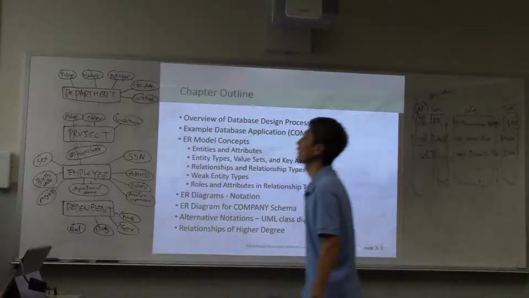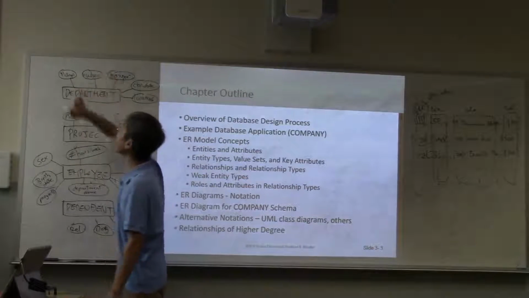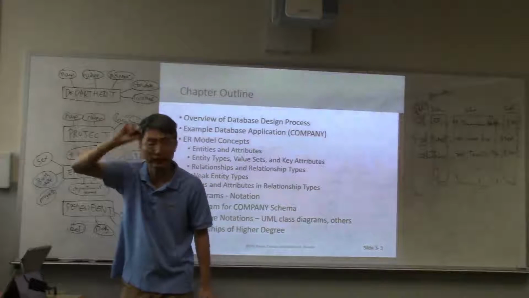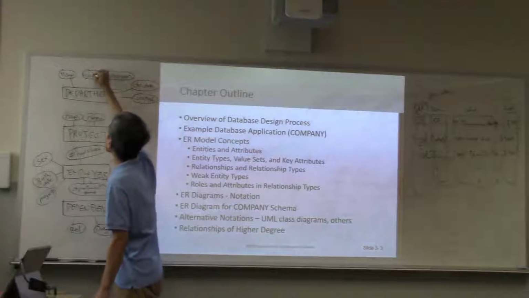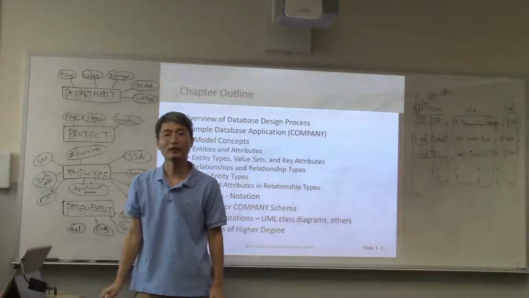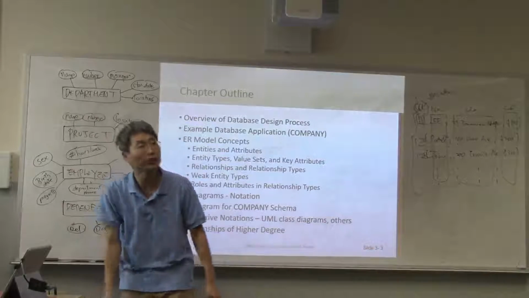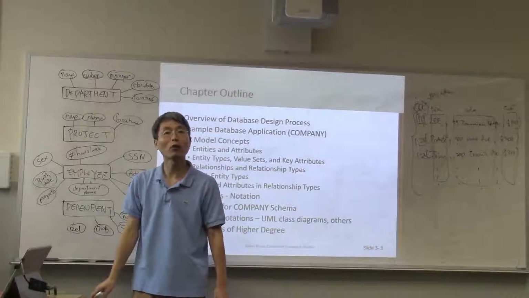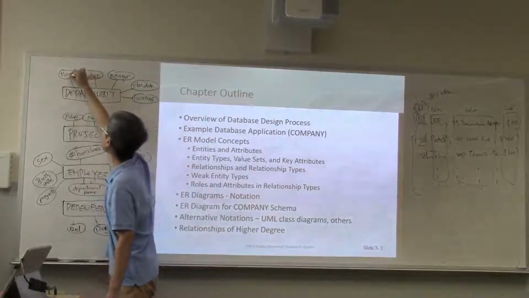So we can identify the key attribute. Here, for the department entity, the number is the key attribute. If you believe this is a key attribute, underline it, as many as possible. For example, department name can be used as an identifier. So we can underline it.